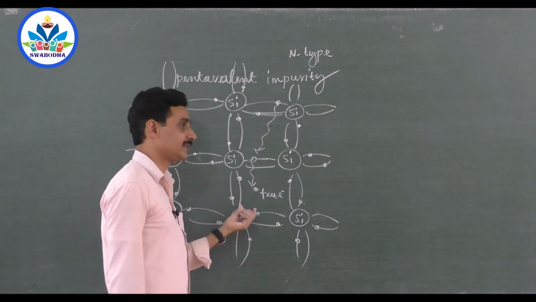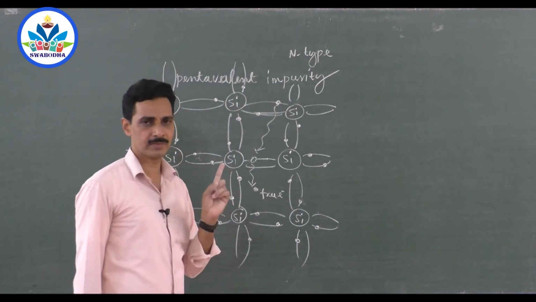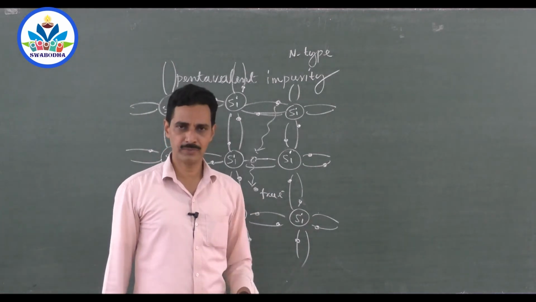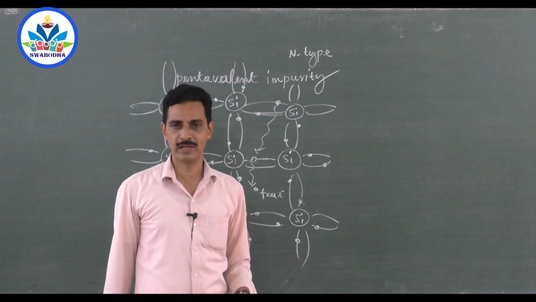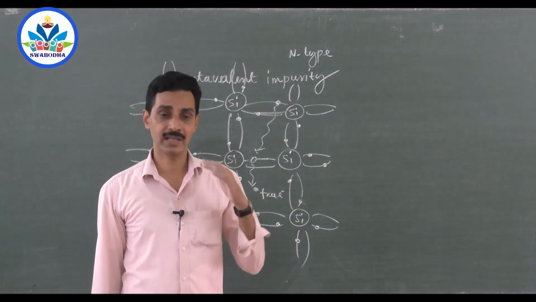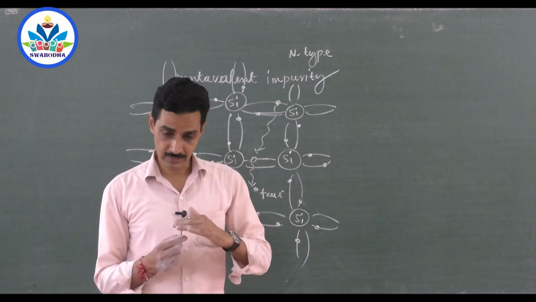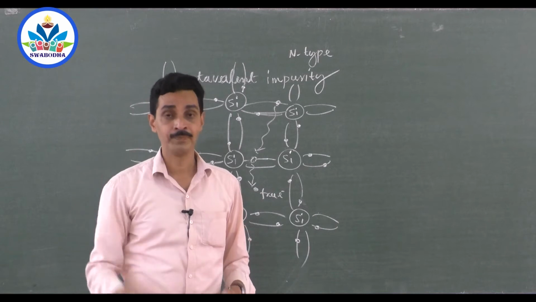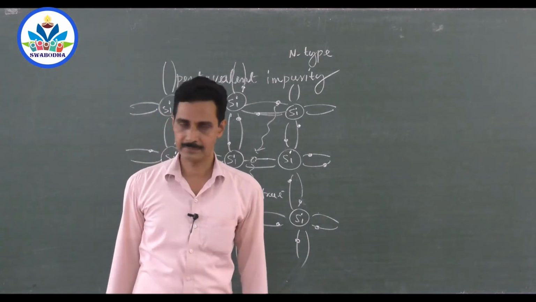In an intrinsic semiconductor, if one electron becomes free, then one hole is created. If 10 covalent bonds break, 10 free electrons and 10 holes are created. And remember, all these holes are in the valence band, because when electrons absorb energy and go to the conduction band, free electrons are found in the conduction band, but holes are found in the valence band.